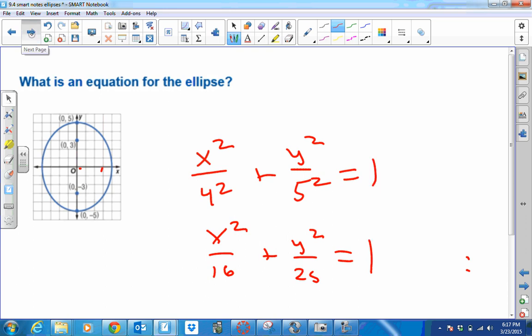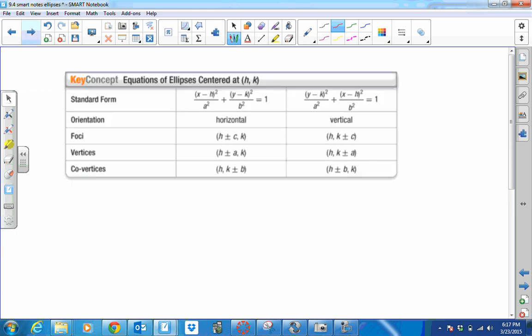What happens if the ellipse does not have the center at the origin? Well, just like a circle and similarly to a parabola, we're going to use h and k to show how it shifts.